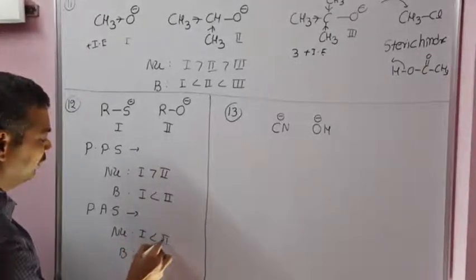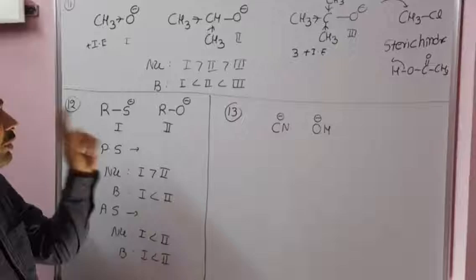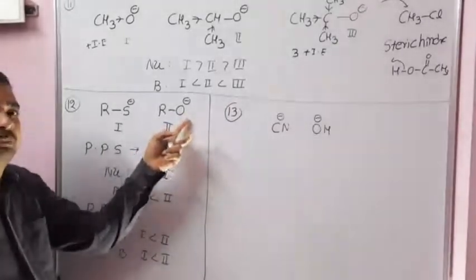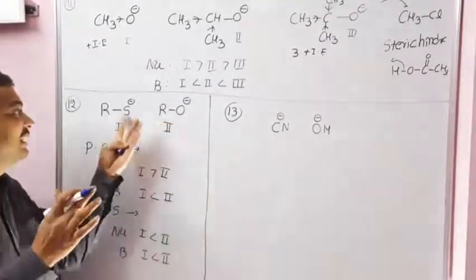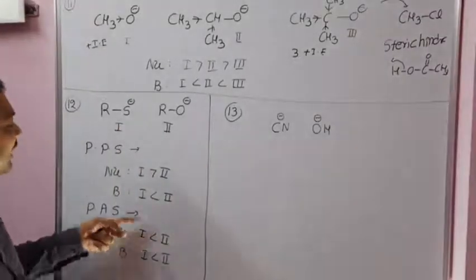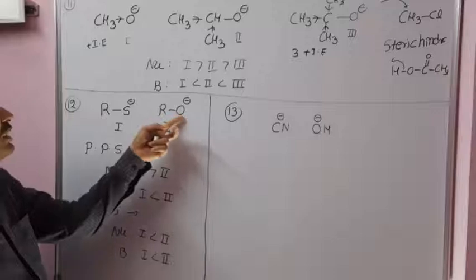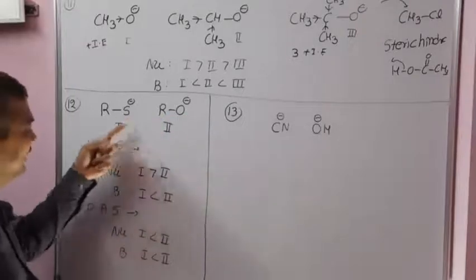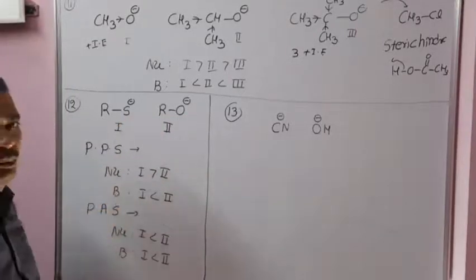The nucleophilicity of 1 is less than 2. Why? Because with less repulsions it is not thrown away, and slowly it will attack. That's why the nucleophilicity is less here. Whereas here, in the small size there are more layers, and in the big size fewer layers, so the nucleophilicity of 1 is more than 2.